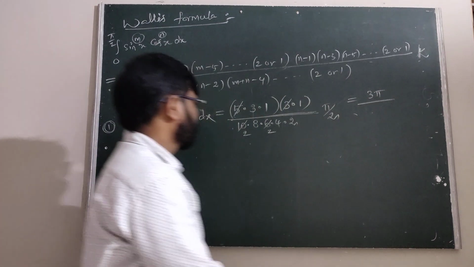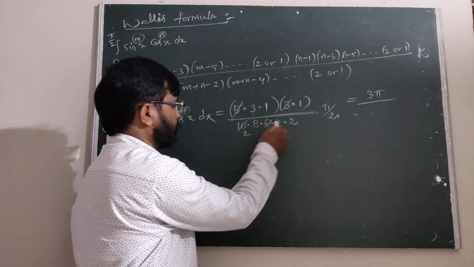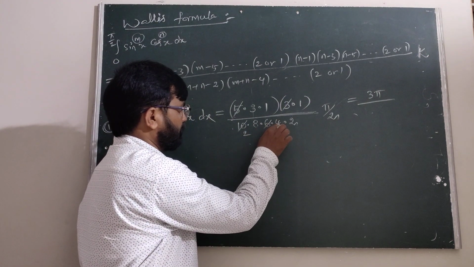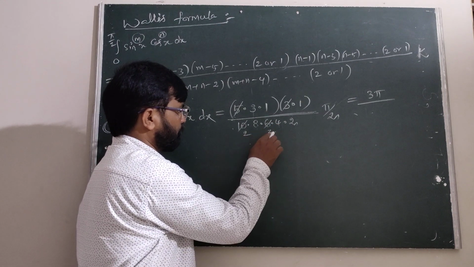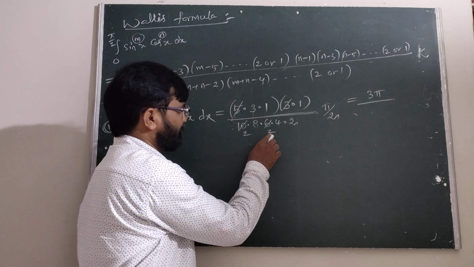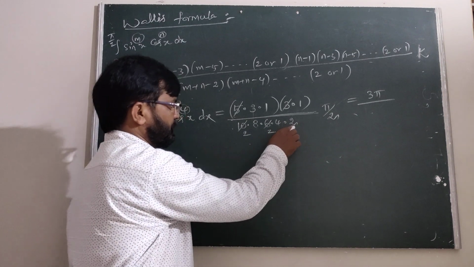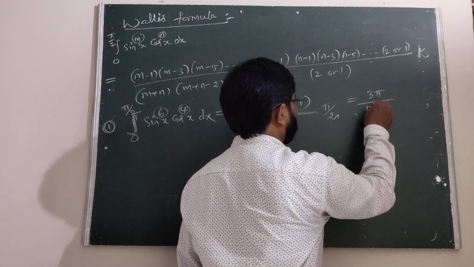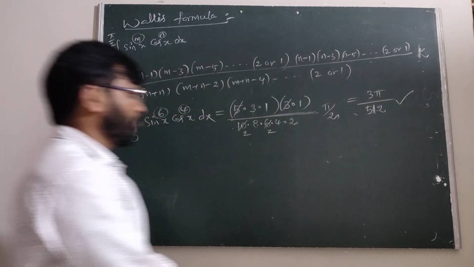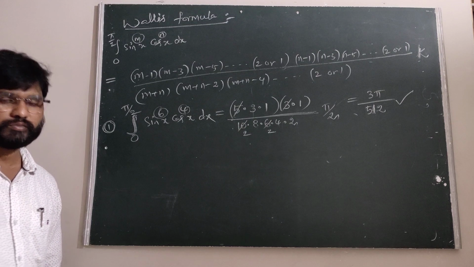In the denominator we take 8 into 6 into 4 into 2, which is 384, so with the 2 from pi by 2 the denominator becomes 768, and the value is 3 pi by 512.